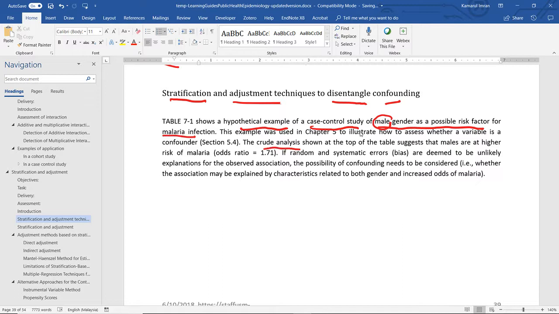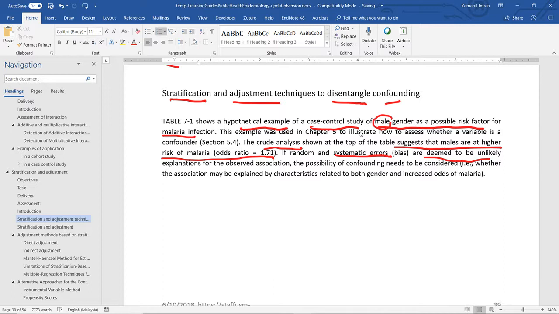The crude analysis suggests that males are at higher risk of malaria, odds ratio of 1.71. So males have about 71% higher risk for malaria compared to females. Systematic errors seem to be unlikely based on this example.